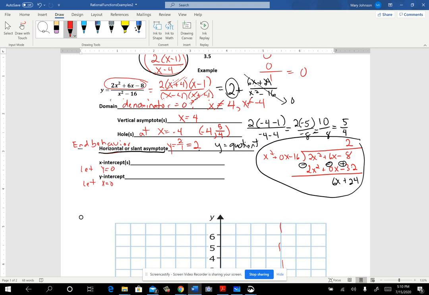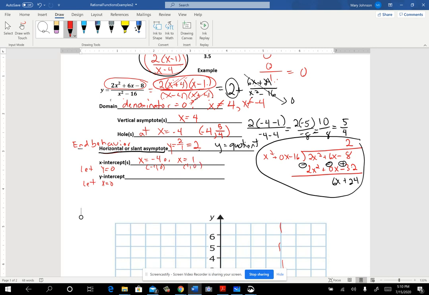Okay? And so, because that's the way fractions work, for a fraction to be 0, the numerator has to be 0. So really, you can just look at the factored form right here. And since you have an x plus 4 and an x minus 1, the x-intercepts are going to be at x equals -4 or x equals 1. And we're really talking about the ordered pairs, -4, 0, and 1, 0. Okay?